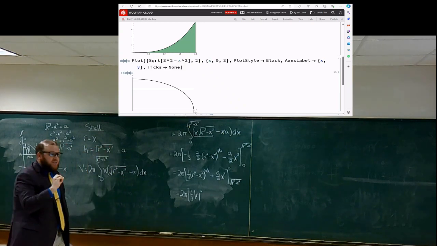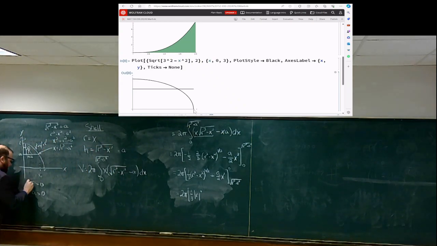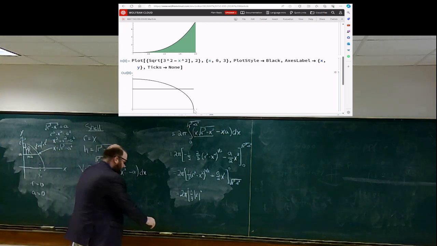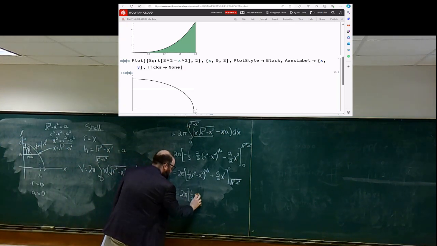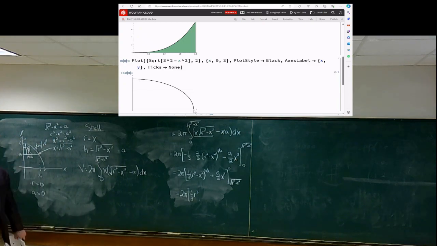But r is positive, so we can just write that as r cubed. Don't need the absolute value.